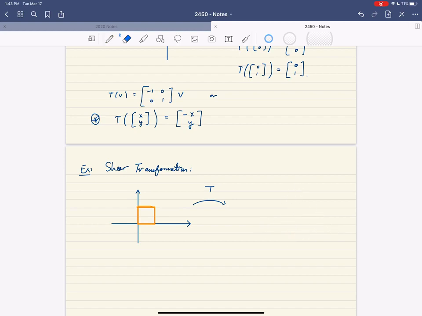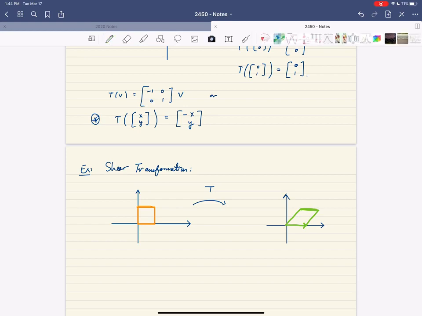Since I only drew the square on the right side, let's just draw this accurately. All that this is going to do is fix y values again, but it's going to take your x values and move them over. So it's actually going to fix this vector, and the rest of it is going to look like that. Okay, so that's going to be what's called a shear transformation.